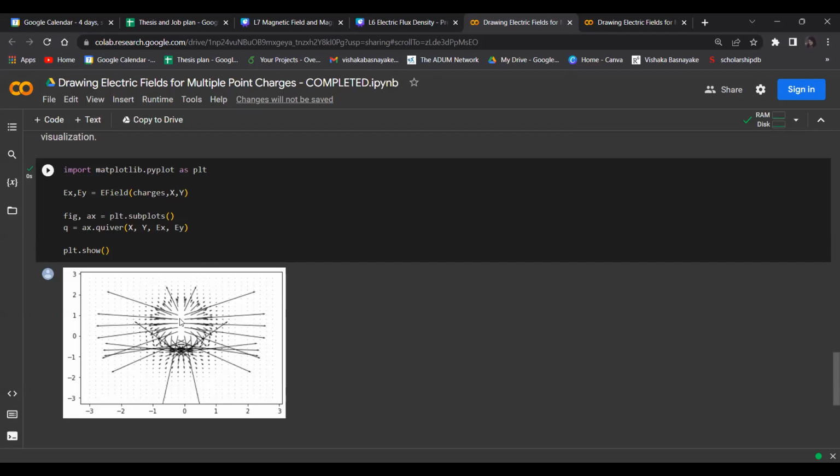If the charges are very close to the observing point, the force is very large. If the distance from the charges to the observing point is large, then the force experienced at that point is low, because the observing point is very far away from the charge.